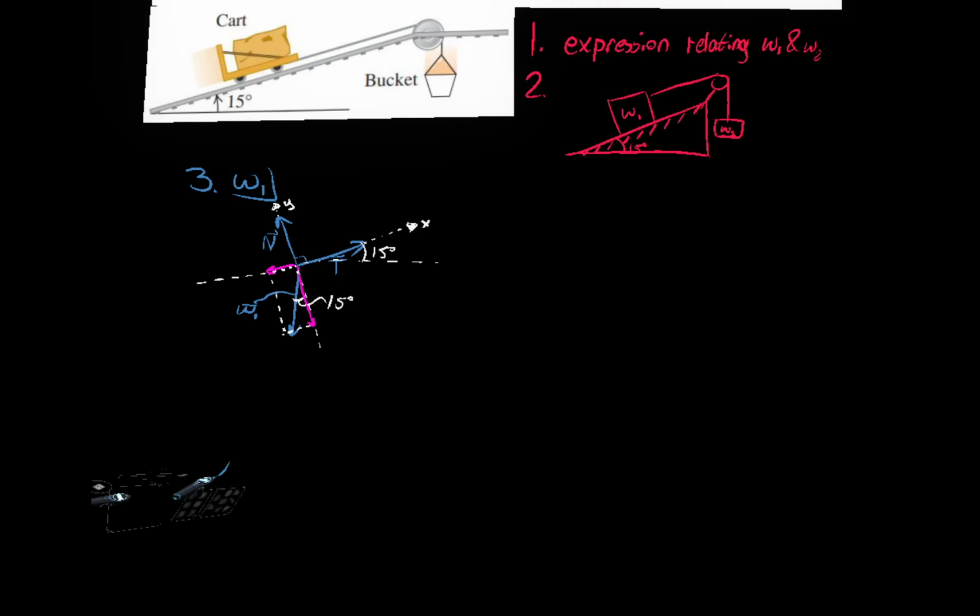Okay, so what is the magnitude of these things? Well, it's going to be W1 times either sine or cosine, right? So if this is the hypotenuse, the component we want is adjacent, and it's going to be cosine of that 15 degrees.